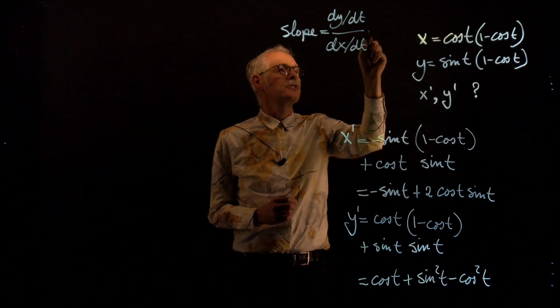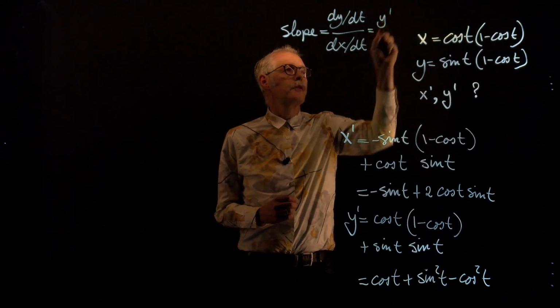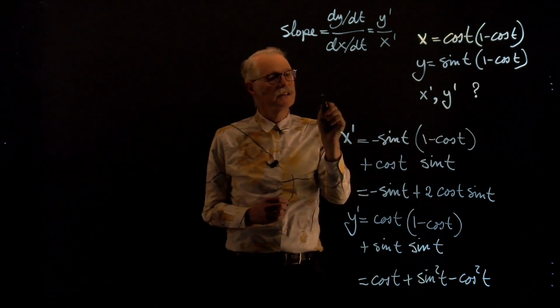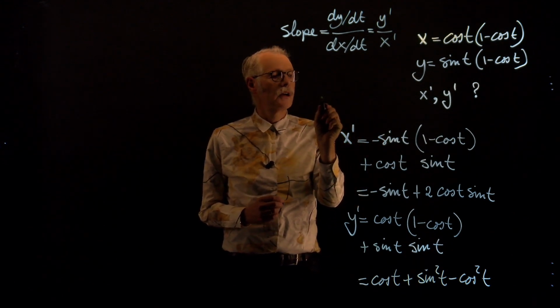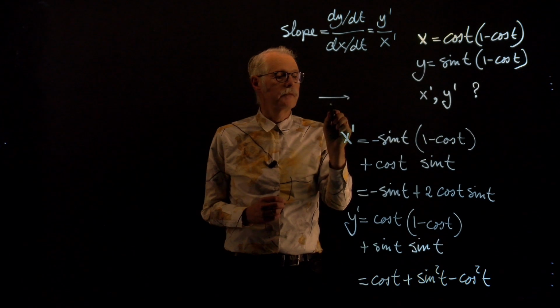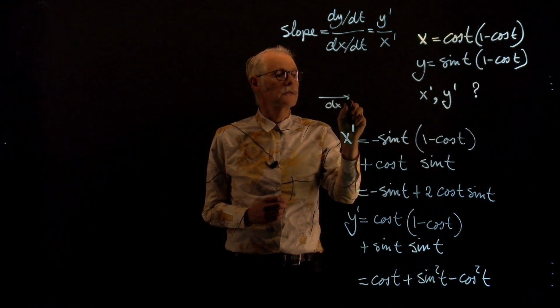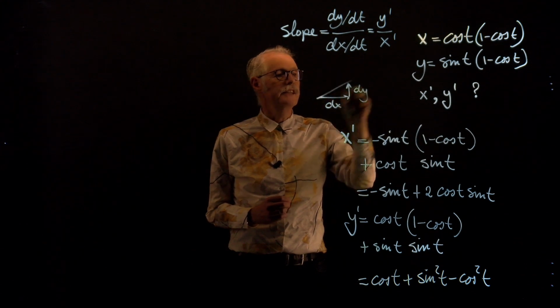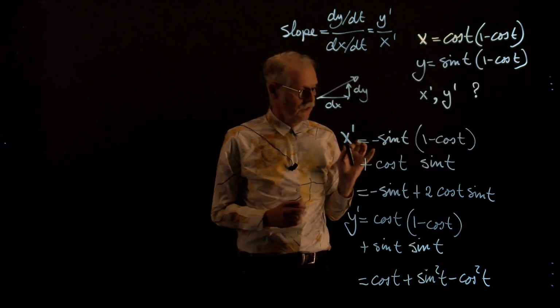Using the prime notation, it's y prime divided by x prime. So that means that if you go a certain step dx in this direction, you go a certain step dy in that direction, and then this is the slope.